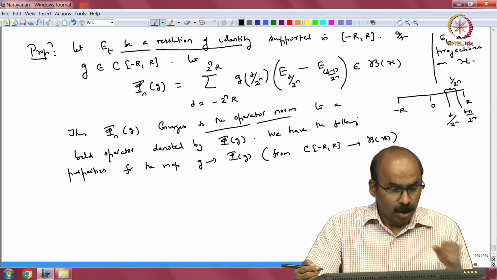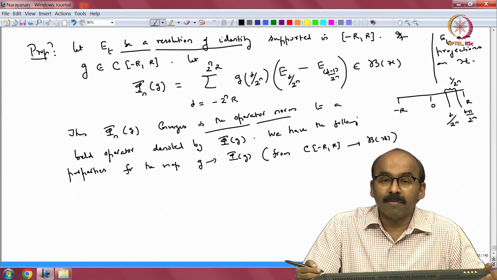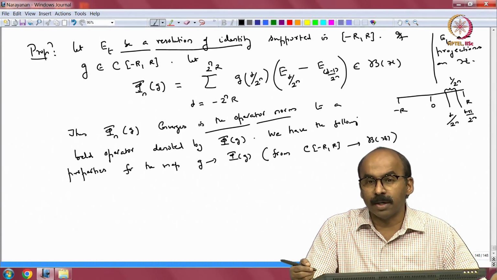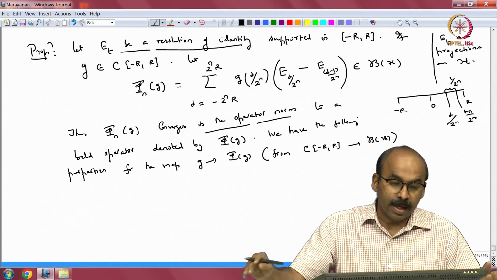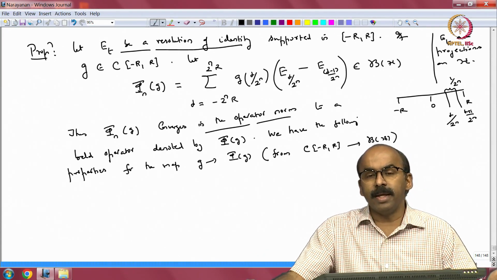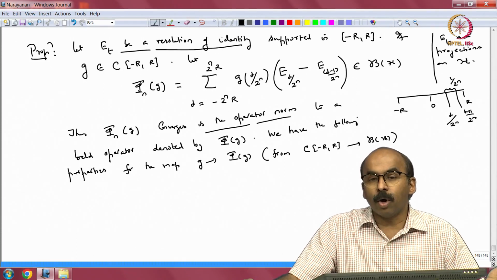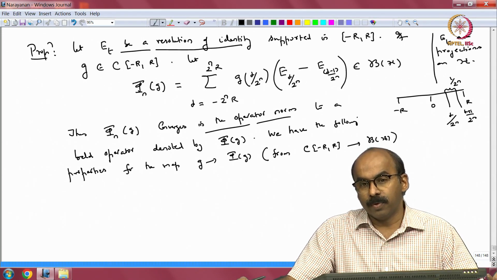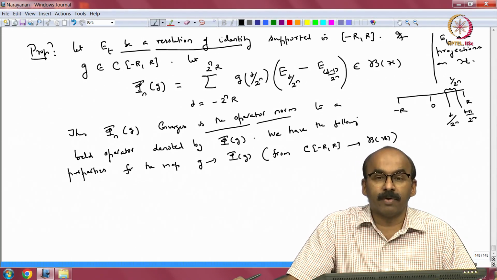Okay. Here the operator may have spectrum in minus R to R, but it may also be a much smaller set compared to minus R to R. Okay. That can happen. The E_t may be a resolution of identity with respect to a self-adjoint operator whose spectrum is, let us say, contained in minus R to R. Okay. So, the spectrum could be 0 to R, for example.